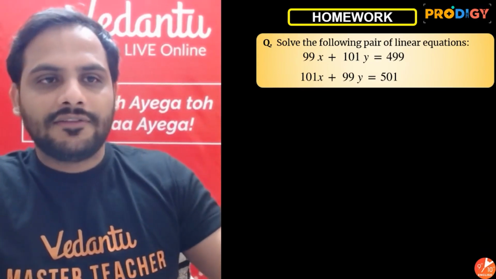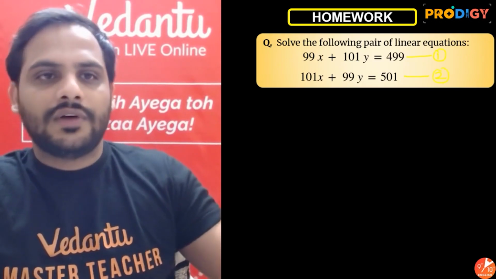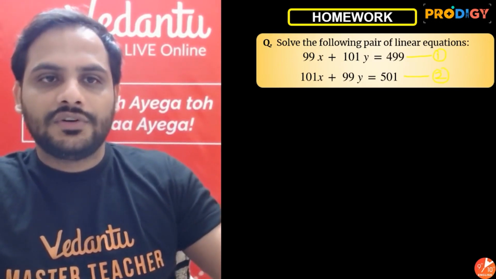According to that trick, let's say this is equation 1 and this is equation 2. I will add equation 1 and equation 2.